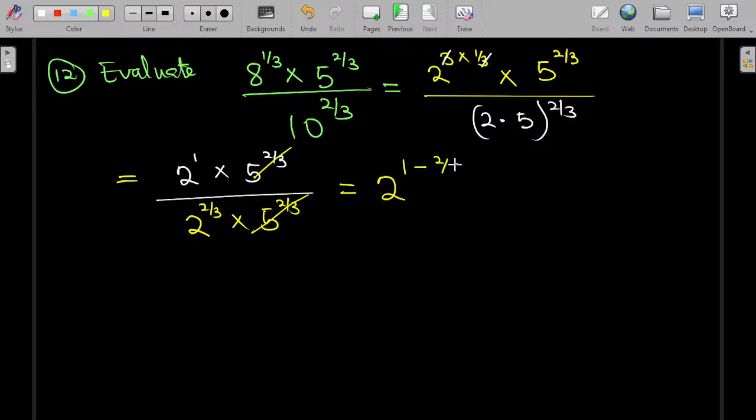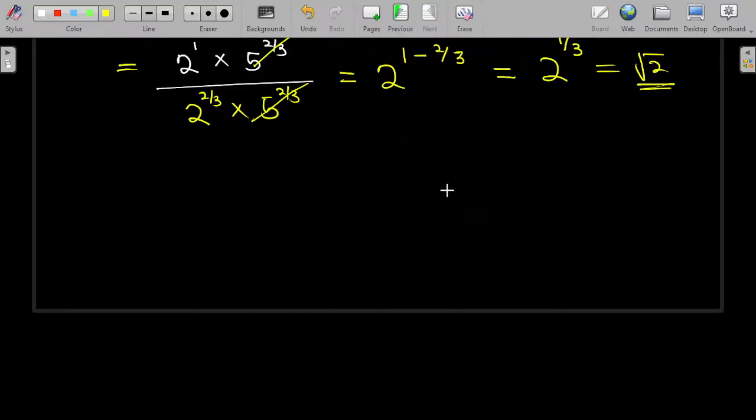So you have minus 2 over 3. And that's going to give us 2 to the power of 1 all over 3, which you can write as cube root of 2 if you want. But then how did I get 1 over 3? That's 1 minus 2 over 3, which would definitely give you 1 over 3. All right, and that's the solution for exercise 12.